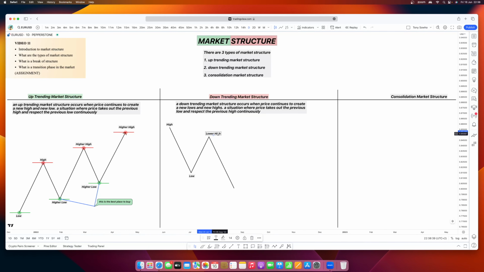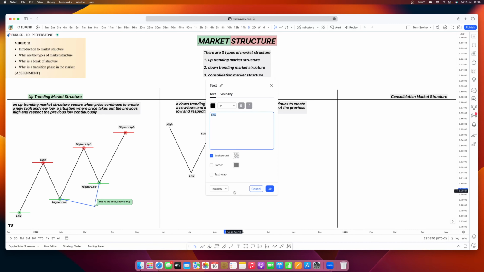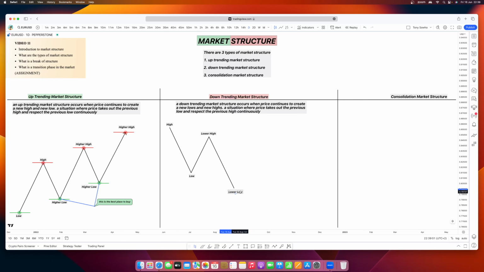See it? Exactly. Now, this is a low here. But what kind of low are we going to call this? This low is actually lower than this low. So we're going to call this low a lower low. See it now? Very simple stuff. This is a lower low.